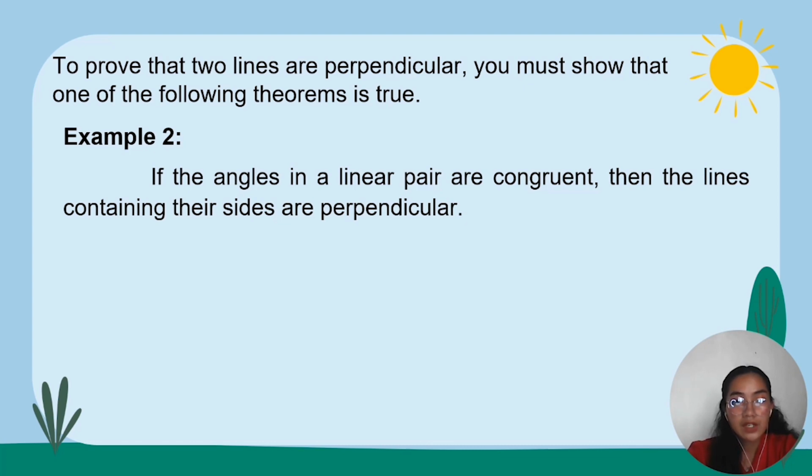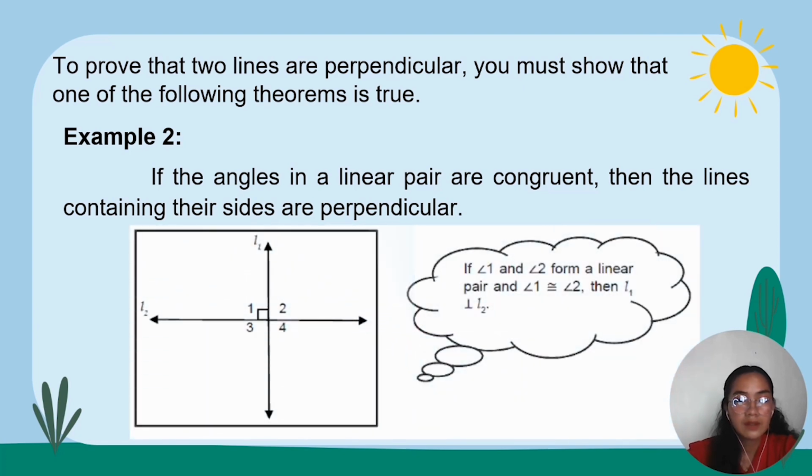Let's have an illustration. If angle 1 and angle 2 form a linear pair and angle 1 is congruent to angle 2, then L sub 1 is perpendicular to L sub 2. Let's have the last example.